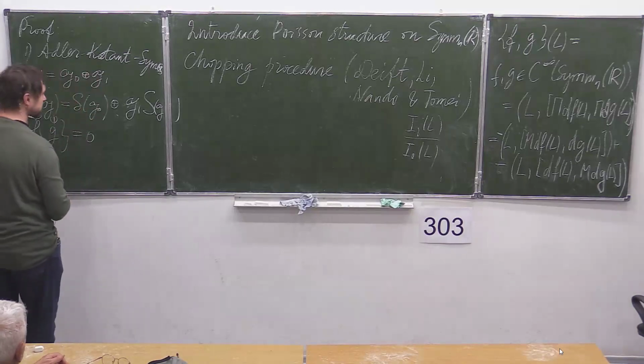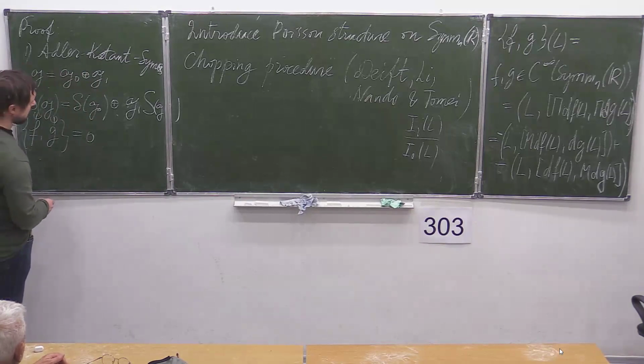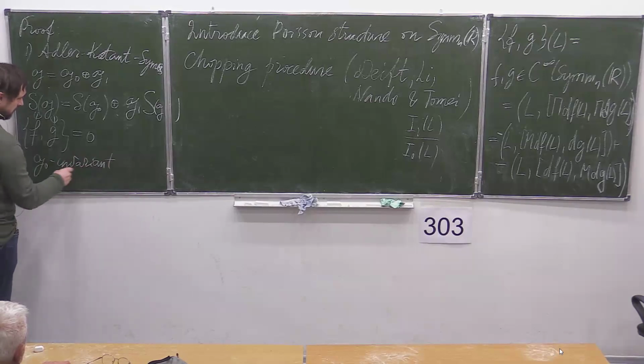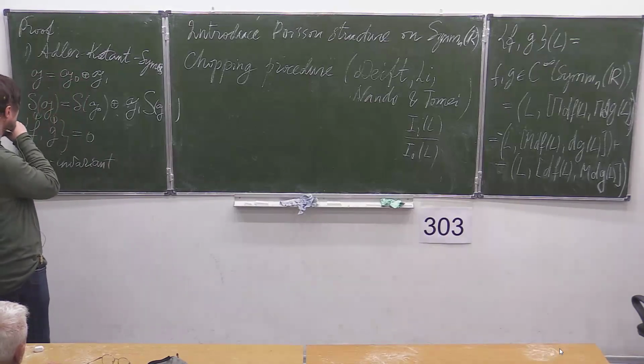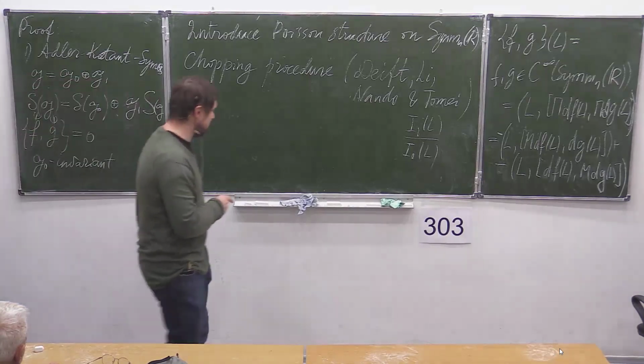Then you assume that they are G0 invariant. I hope I'm not making a mistake.